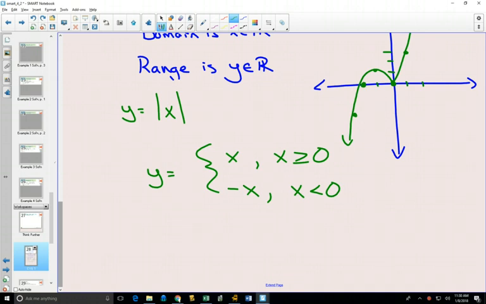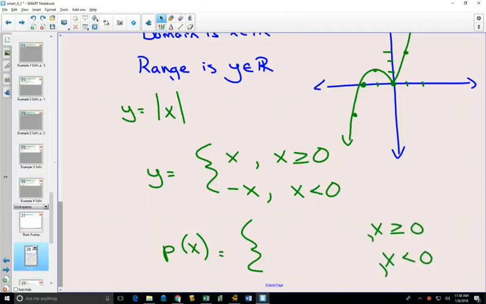So considering that, if I wanted to write my piecewise function for this graph, for h of x, or sorry, p of x, it has two parts. It has a part where x is bigger than or equal to 0, and a part where x is less than 0. Maybe I'll move those farther that way.